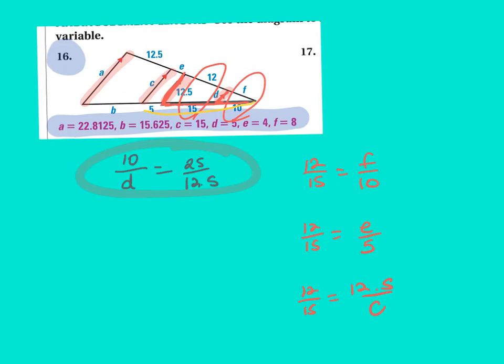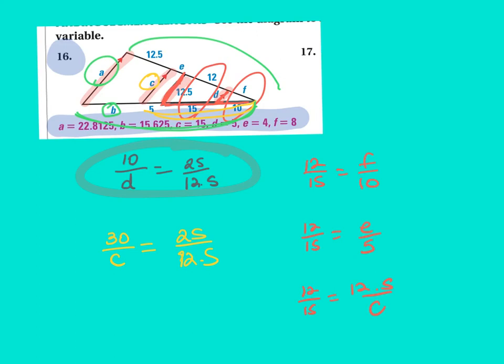So if I did this whole side, that'd be 30 to C would equal, so I'm going 30 to this bottom, would equal 25 to 12.5. And then the last one's the whole side. So whatever I get for B, which we found out was 15.625, you'd have to do this whole side to A. Or this whole side. It doesn't matter what side you use, but you have to use the whole thing.